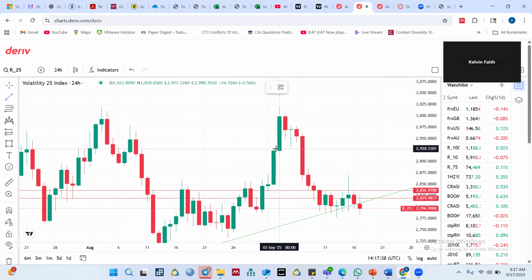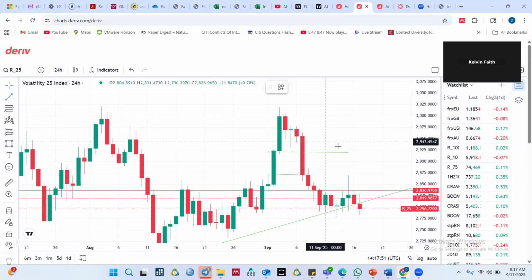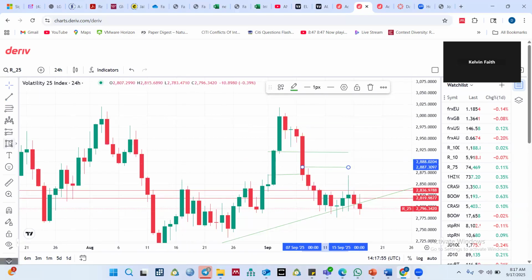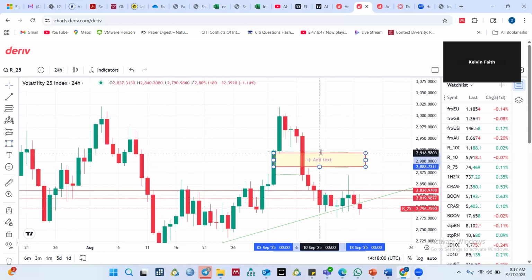There is this bullish fair value gap here, and that meets with a bearish fair value gap. So this is an area where price will want to come to in the future, probably to trade and cover up this whole zone here.